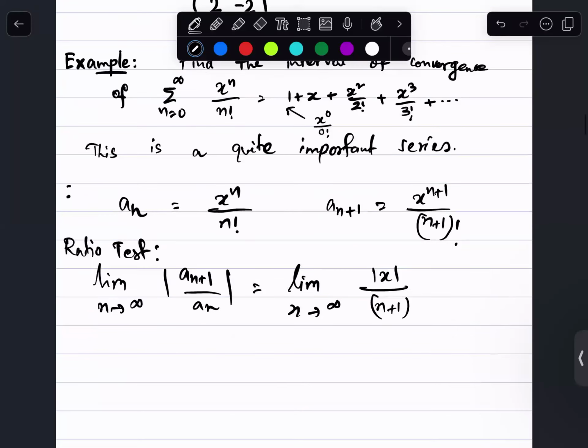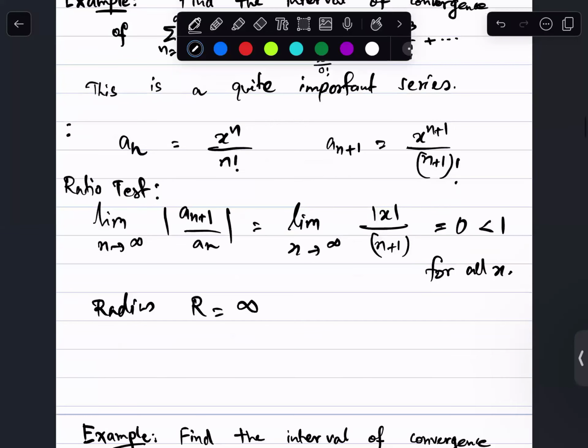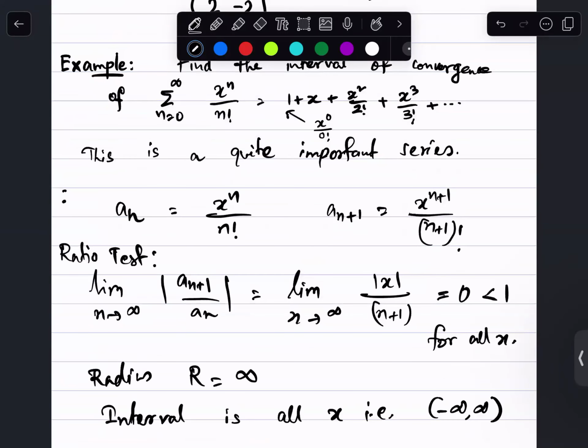I have skipped one step where you have to calculate and cancel things to make the expressions a bit simpler. And if I calculate, this is basically 0, which is less than 1 always for all x. So therefore, my radius of convergence r is infinity, and the interval is all x, that is minus infinity to infinity. So for every value of x, this power series actually converges.